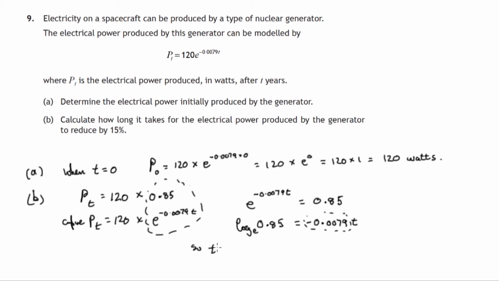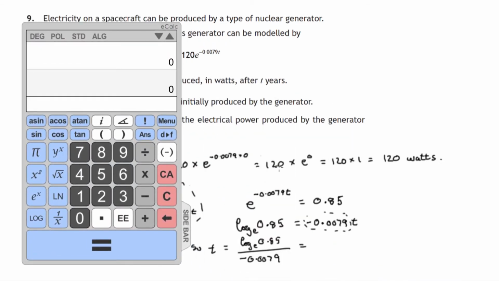So t is equal to log to the base e of 0.85 divided by negative 0.0079. Now there's no way of doing that without recourse to your calculator.